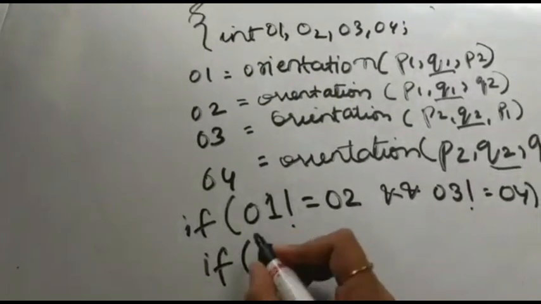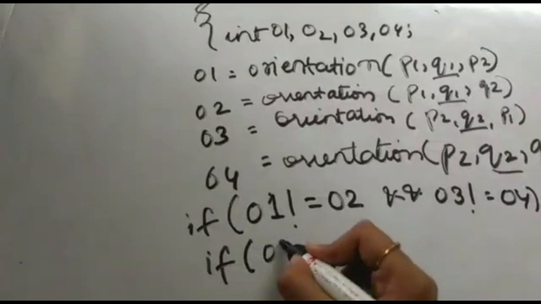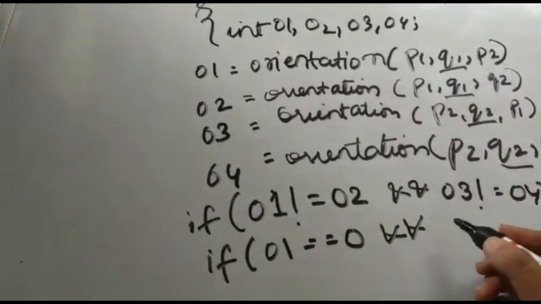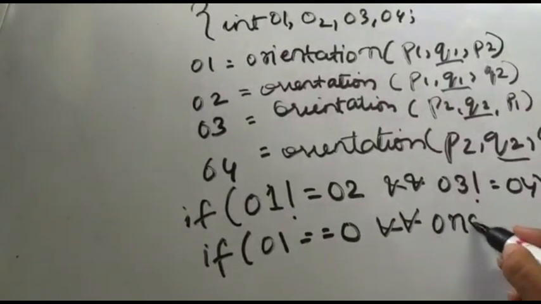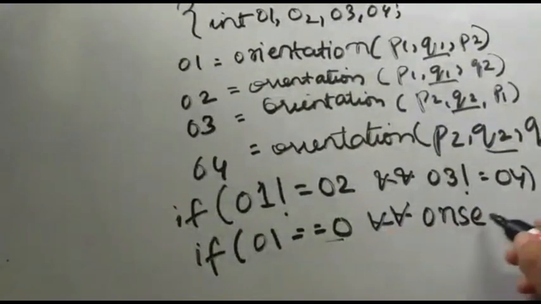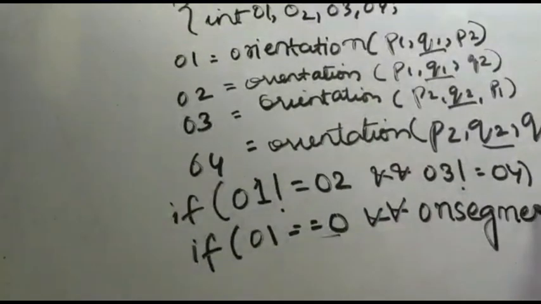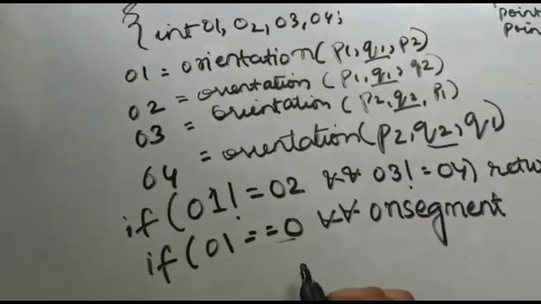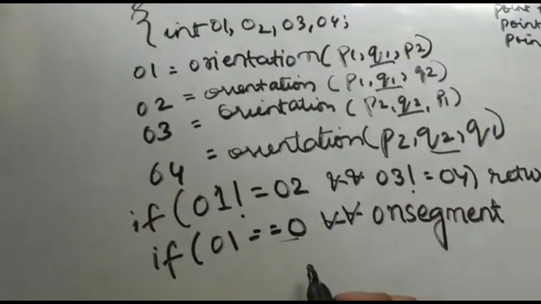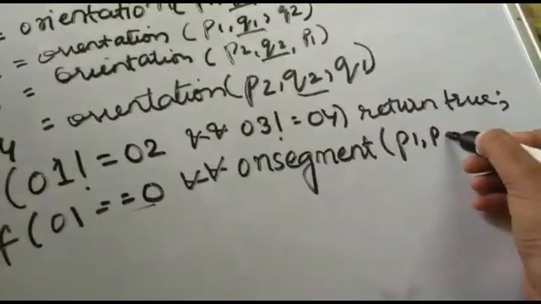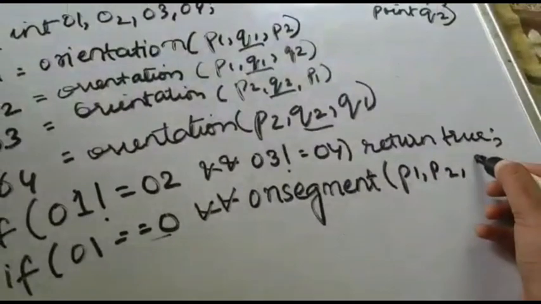Now let us say we're dealing individually. If O1 is equal to 0, let us call the onSegment function over here, like we know that it is lying on the polygon, and now we have to check whether this point lies within the limits of the extreme points on the polygon. So we're going to call it in such a way that we have p1, p2 and q1.